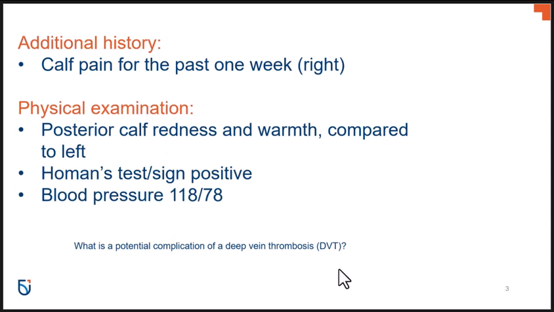Remembering that venous blood returns to the heart, we're carrying this clot to the right side of the heart, and where does the right side of the heart pump blood? To the lungs. It can pump that clot to the lungs, where it can get lodged within lung tissue, causing a pulmonary embolism. Remembering that the term embolus refers to a traveling clot in this example.